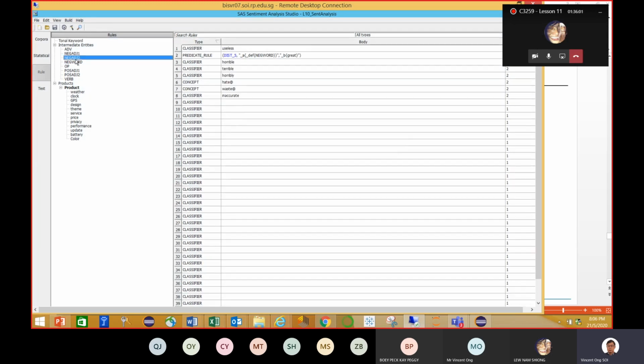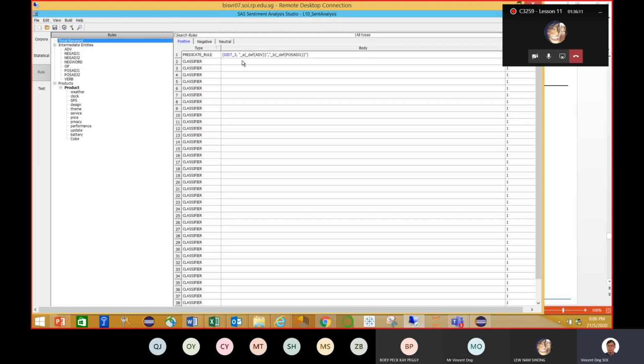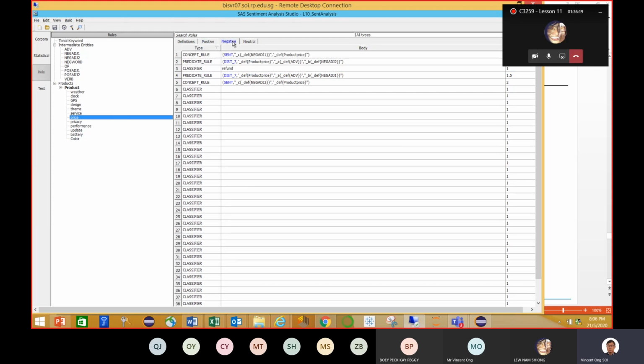Right, all this will help you find your reference list. Okay, the reference list that you can use anywhere, either in the tonal keyword, right? Like this one is used in tonal keywords. It's also used in other parts of the feature definition for positive and negative, right?